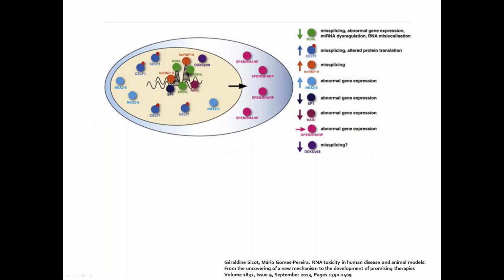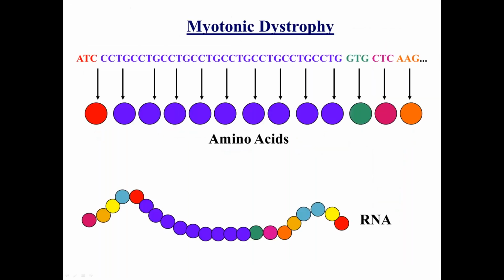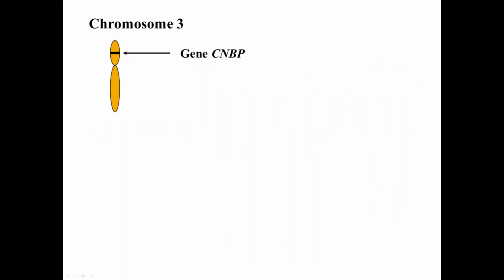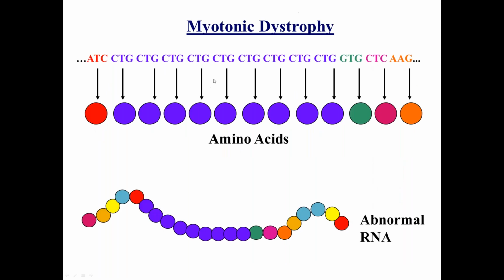So to talk a little bit about why this genetic change, this expansion of the DNA in this gene, causes all the different symptoms that can happen with myotonic dystrophy.